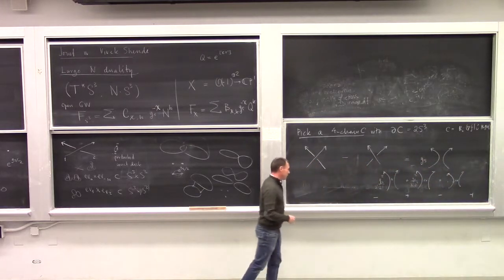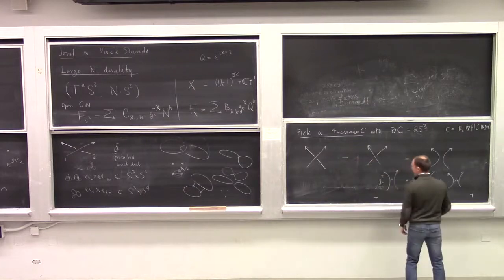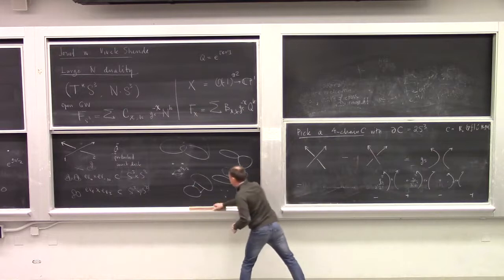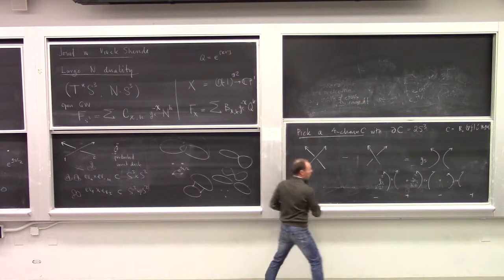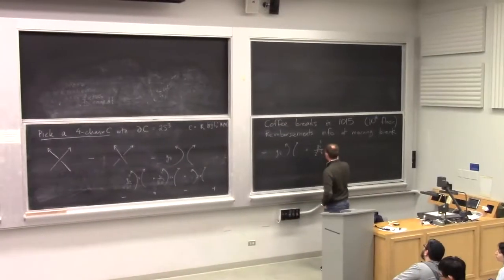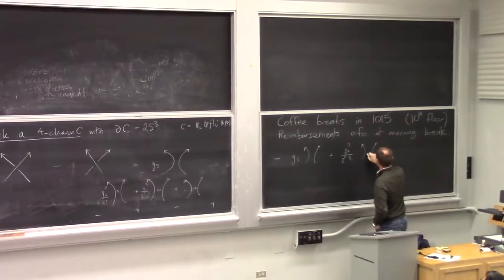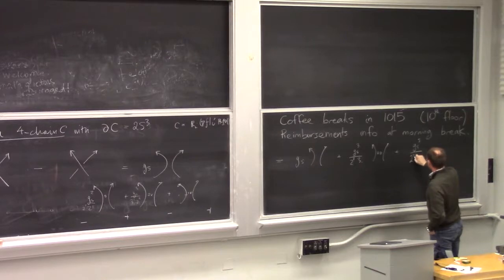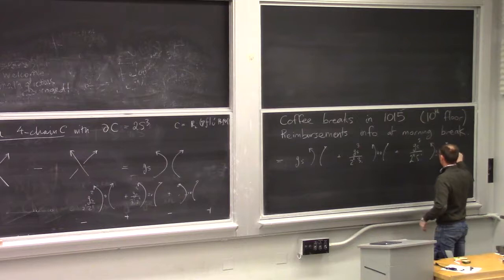So at the end of the day, if I count these things up, what I find is something like GS plus GS cubed 2 squared 3 factorial and GS 5 2 to the 4 5 factorial and so on.